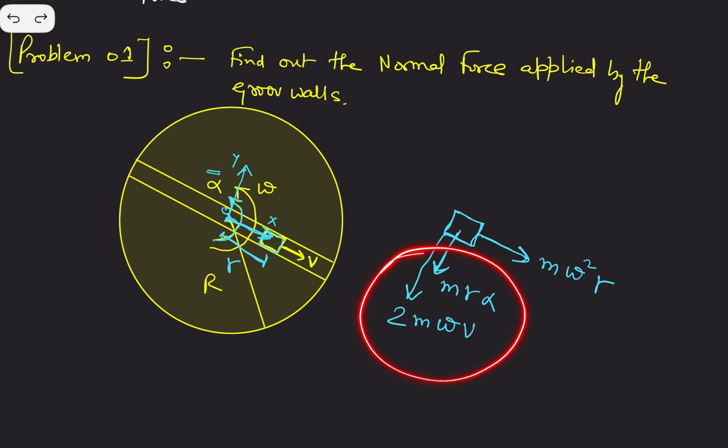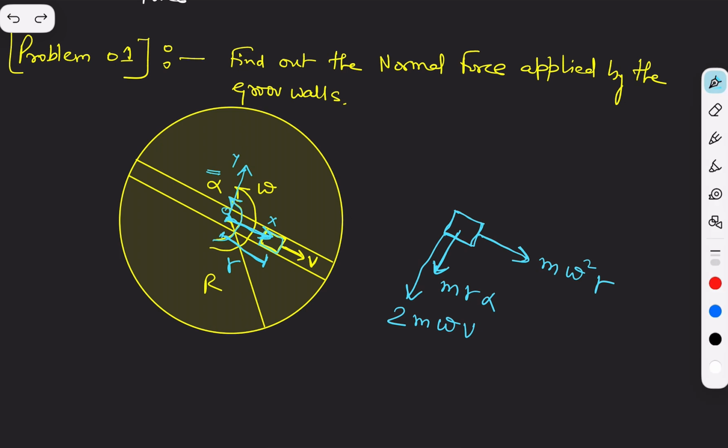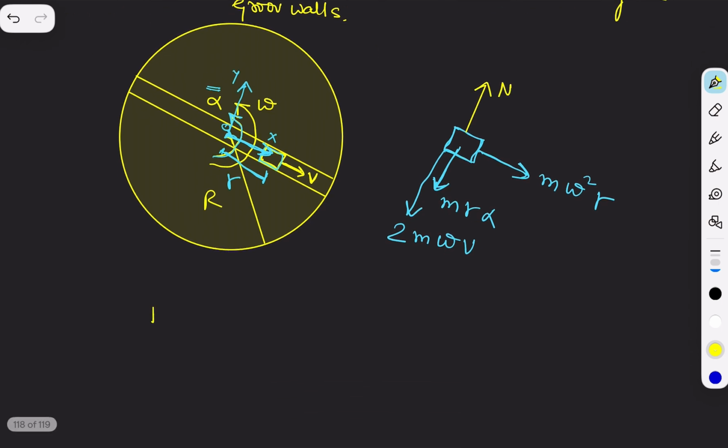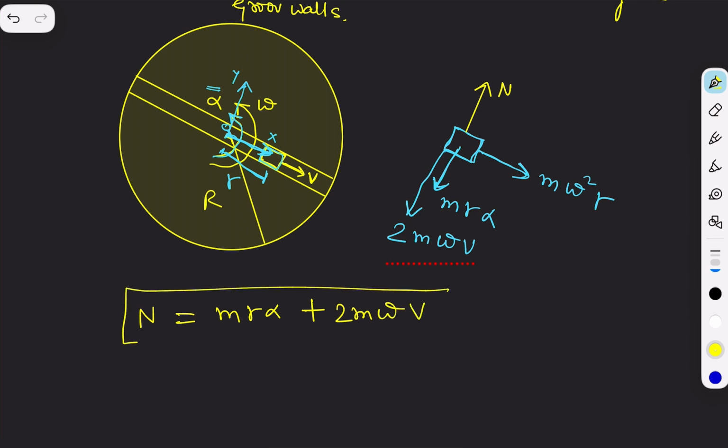So because these two forces are acting in this direction, there should be some force acting in this direction which is balancing them. Of course, who will be balancing? The normal force. So we can say that the normal force is equal to m r alpha plus 2m omega into v, guys. Okay, so that would be the force.